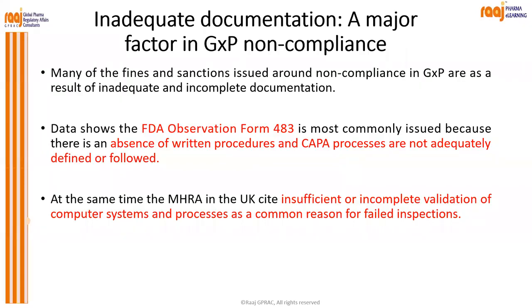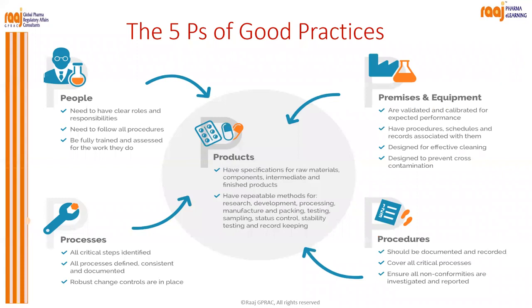That will not be a good place to be for any company, correct? Your image, everything will be spoiled when you receive the warning letter. So to overcome all these, there are two ways: either you follow the 5P system or the 5S system. These are very popular systems, and one should learn what these 5Ps and 5S are.